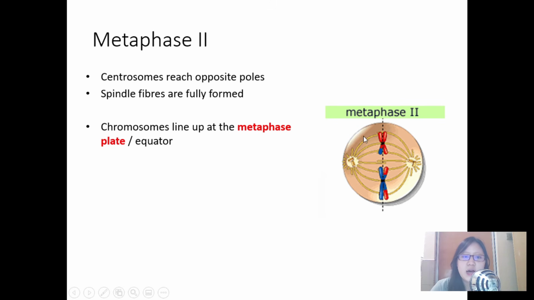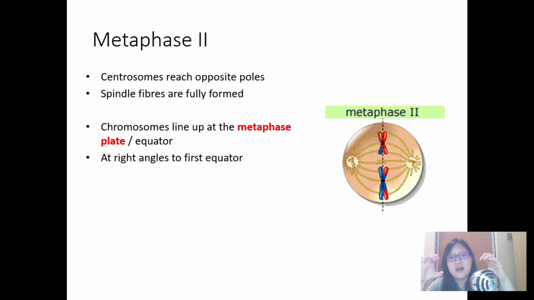The chromosomes are lining up at the metaphase plate 1 by 1. It is not in pairs anymore, and this is at right angles to the first equator, which is quite interesting. So if the previous cell has divided this way, then the next cell is going to divide this way, at right angles to the last division, to the first equator.